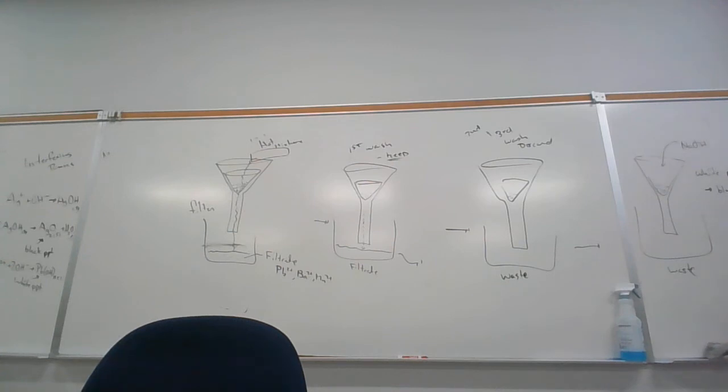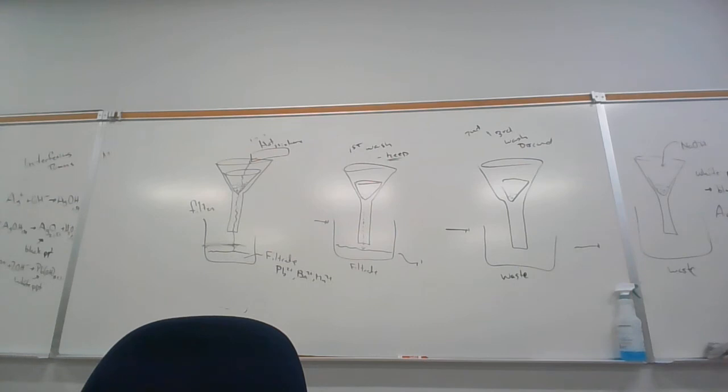What's happening there is that the silver chloride solid plus the sodium hydroxide is going to give us silver hydroxide plus sodium chloride. 2 of the silver hydroxides can decompose into silver oxide plus water.